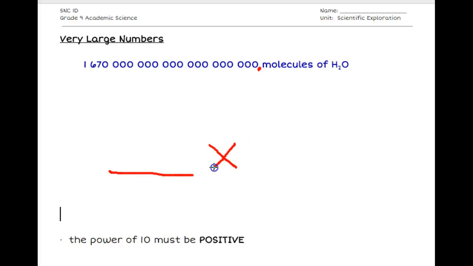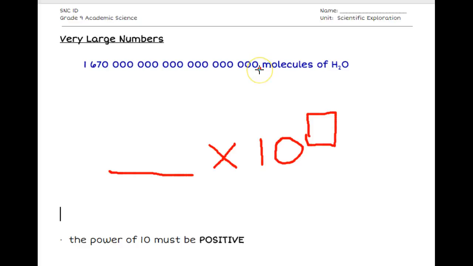I'm going to take that base value and multiply it by a power of 10 to some sort of exponent, right? And by multiplying it by a power of 10, that's basically going to tell me how many decimal places I moved in order to create this number.